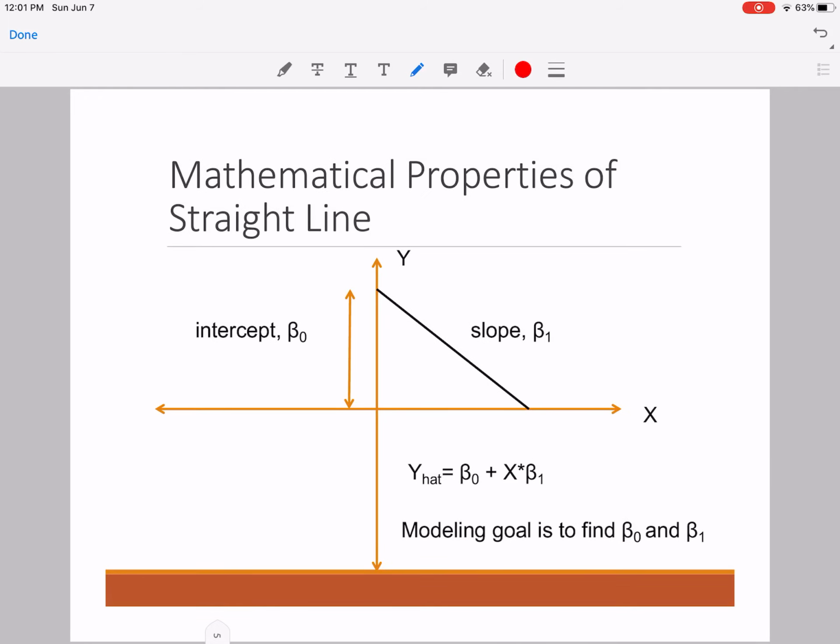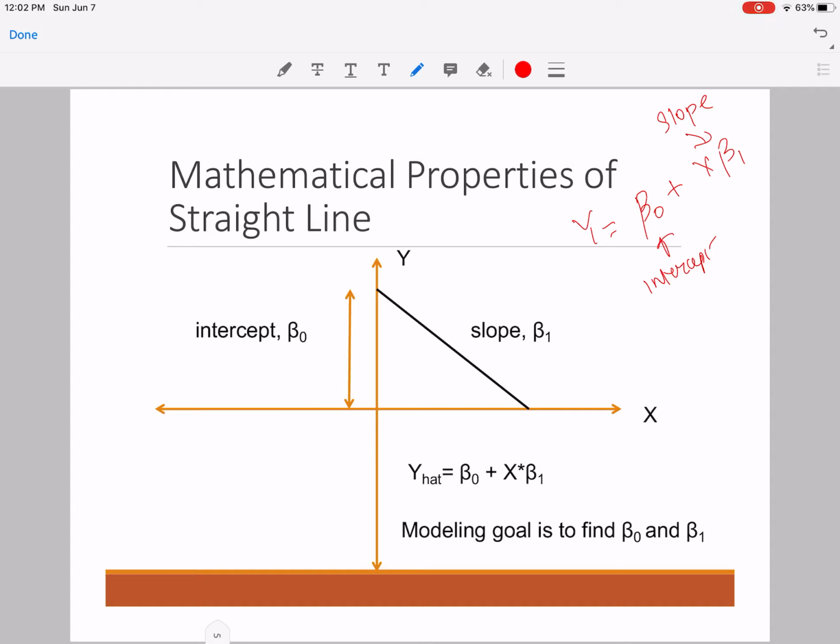Before we proceed any further, let's review the statistical properties of a straight line, because the goal of linear regression is to fit a linear line. The goal is to fit a straight line. So we will be devising a model which is going to help us predict y, and the regression coefficients are, in terms of mathematics, beta naught and beta 1, where beta naught is the intercept and beta 1 is the slope.